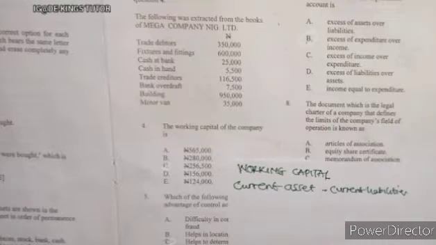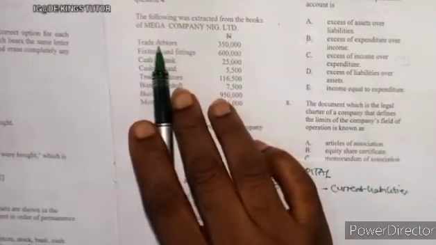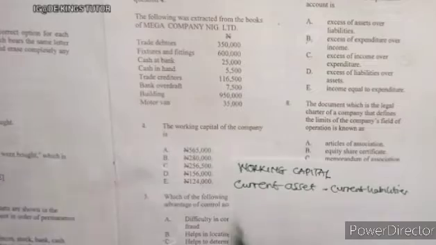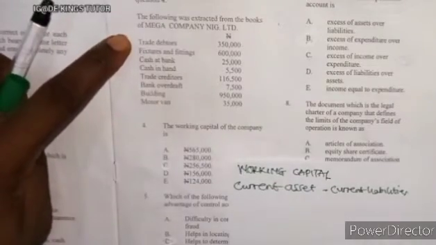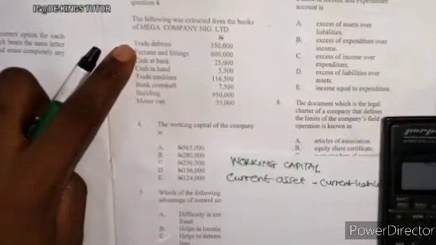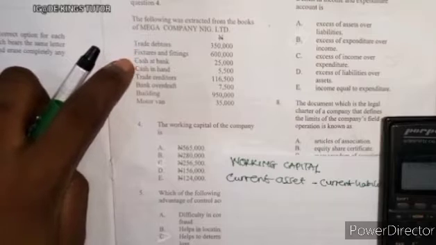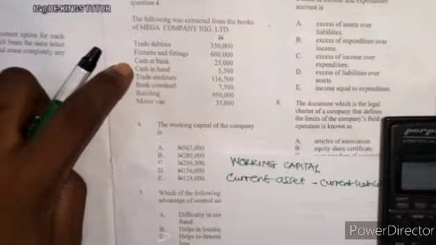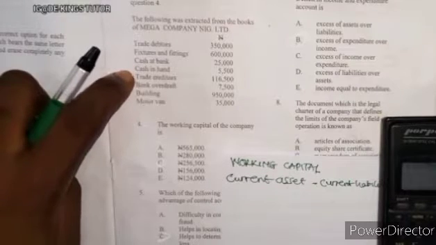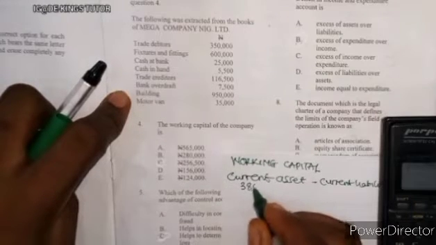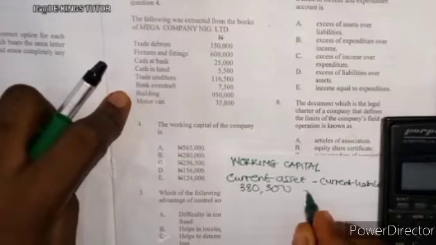So how do we solve this now? We are going to get the current assets and deduct the current liabilities from them. The first one is the trade debtors, which is a current asset. So we have 350,000 as trade debtors; fixtures and fittings are not among them; plus cash at bank 25,000 plus cash in hand 5,500. So we have 380,500 for the current assets.